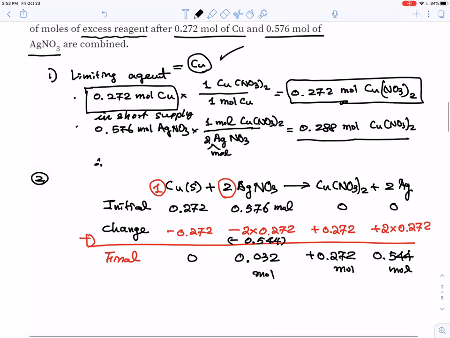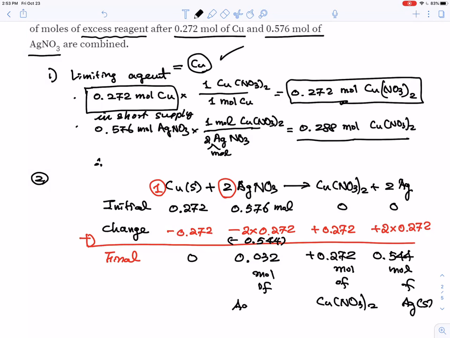So this is of copper nitrate, Cu(NO3)2, and of the silver precipitate, and this is essentially the AgNO3 left over, because copper is the limiting agent here.